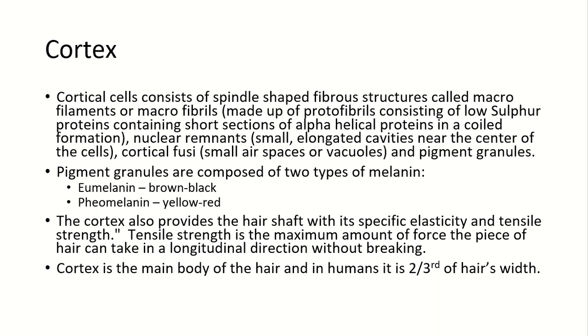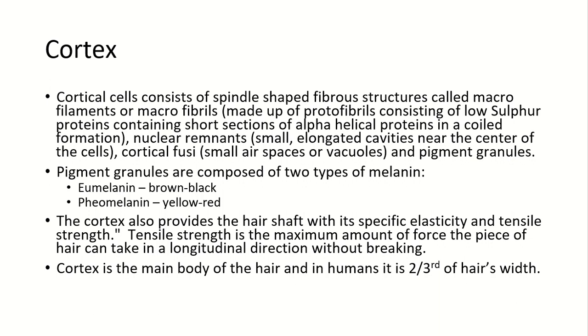The pigment present is melanin and it is of two types: eumelanin that produces brown to black color, and pheomelanin that produces yellow to red color. So when you bleach your hair, these pigment granules are removed.